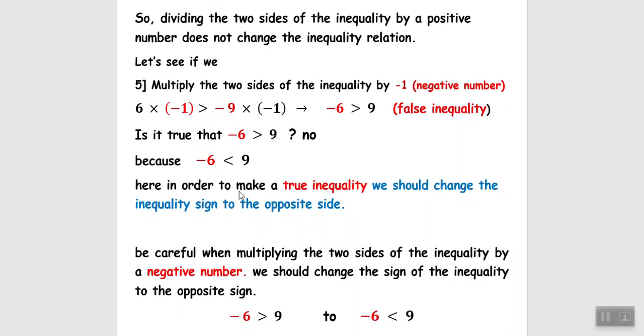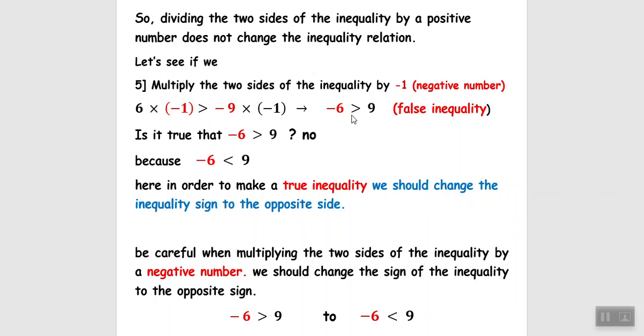Here, in order to make a true inequality, we should change the inequality sign to the opposite side. We will correct this one. When multiplying both sides of the inequality by a negative number, it gives us a false inequality. In order to correct it, in order to get a true inequality, we should change the inequality sign.